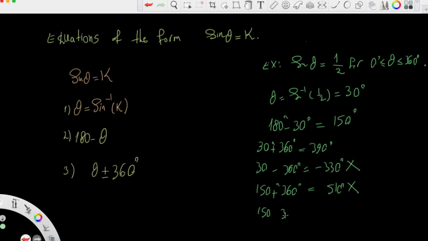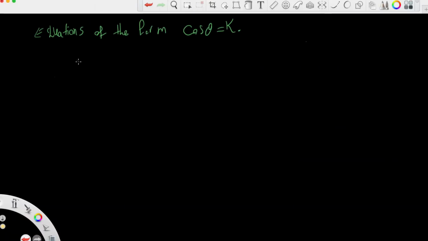Then 150 minus 360, which is negative 210, also doesn't satisfy. So the answers are 30 and 150 for this equation. See, for this step, 360 is added and subtracted from both angles, theta and 180 minus theta, to find the other answers.